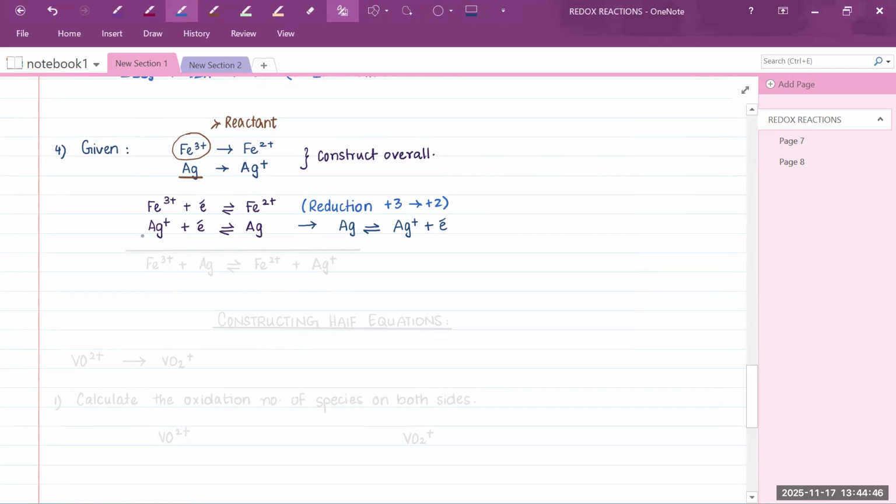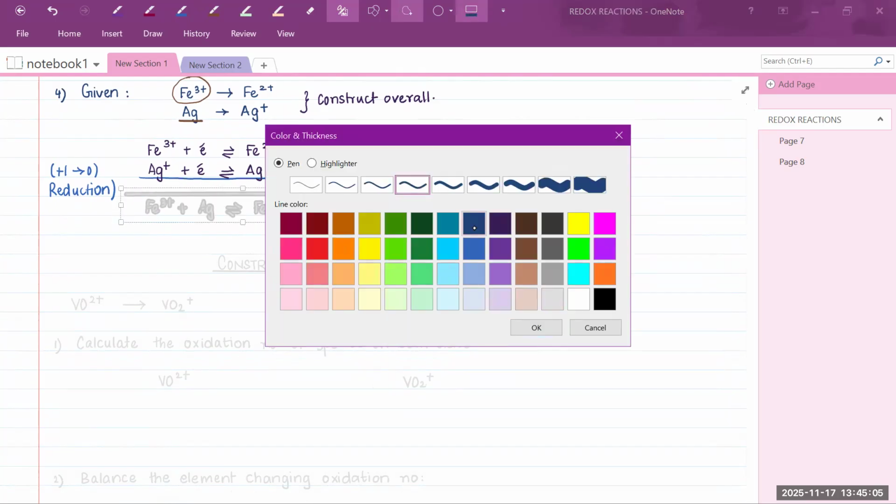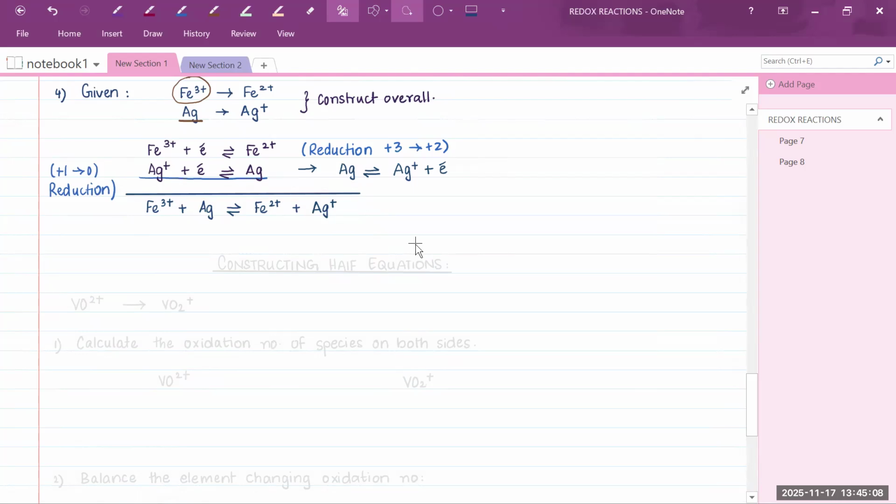And if we consider this equation, it is going from plus 1 to 0, and that is also reduction. But that cannot be the case. We'll have one oxidation and one reduction. You'll have to be very careful with this. And then we'll just have to add both the equations, and we get an overall redox reaction. We have to add both equations, I mean this equation and this equation, not this one.